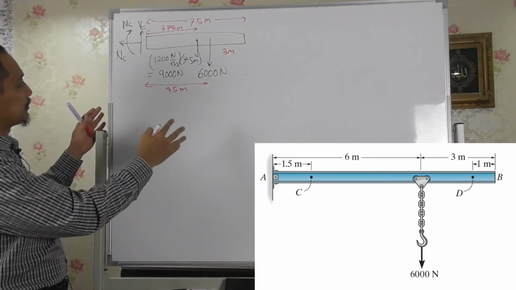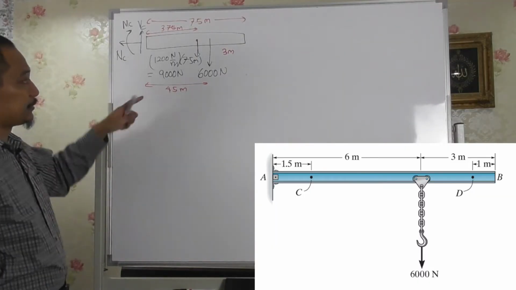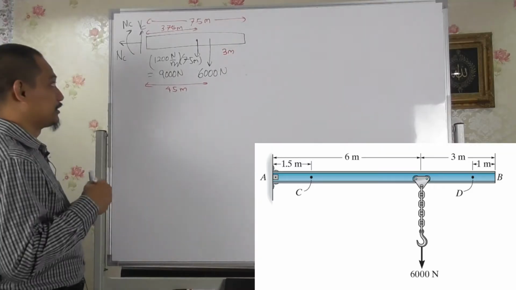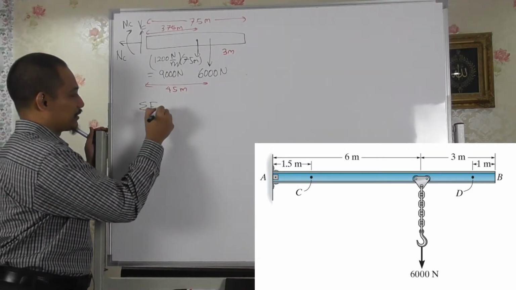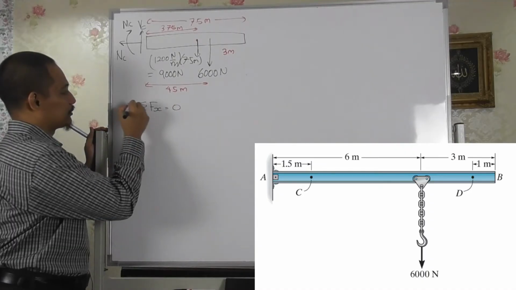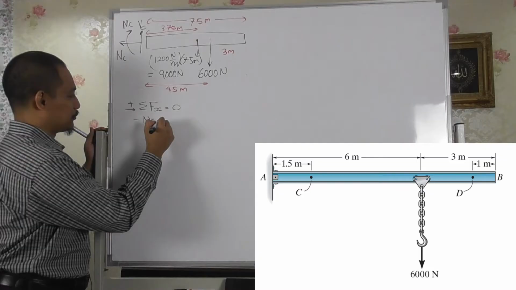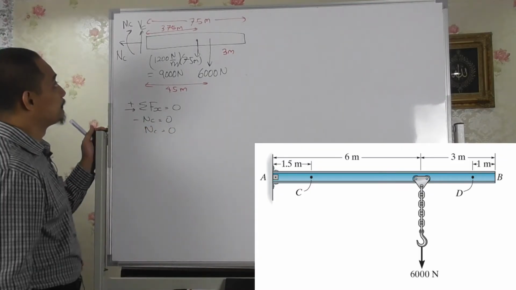So if this is the free body diagram, then we have everything that we need. We have 3 unknowns and nothing else, so we can have 3 equations to solve them. If you do summation of Fx equal to 0, taking right as positive, we don't have anything, so negative NC equal to 0, so NC equals 0. That's the answer.